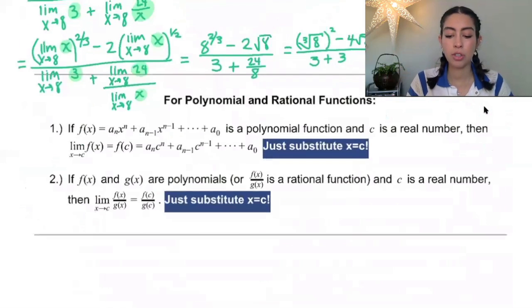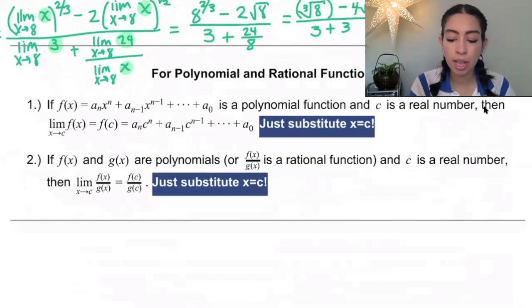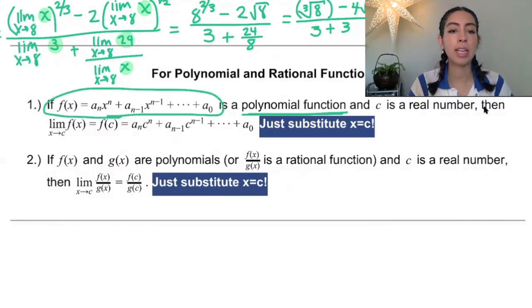So this leads us to our substitution rules. So if we have a polynomial function, any polynomial function at all, polynomials are in this form here. If we're taking the limit as x approaches c of any polynomial, so c is any number, all you've got to do is direct substitution.